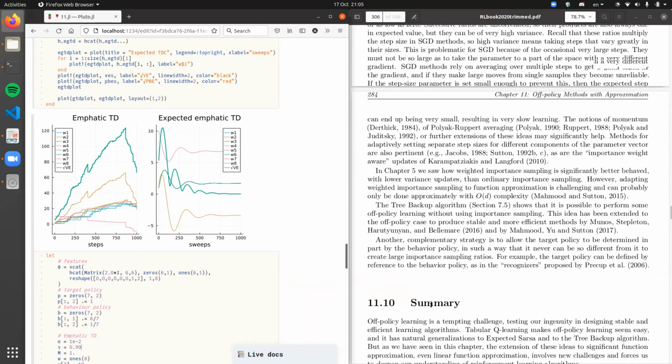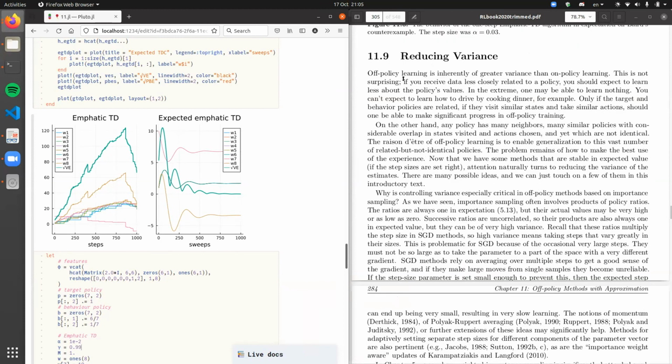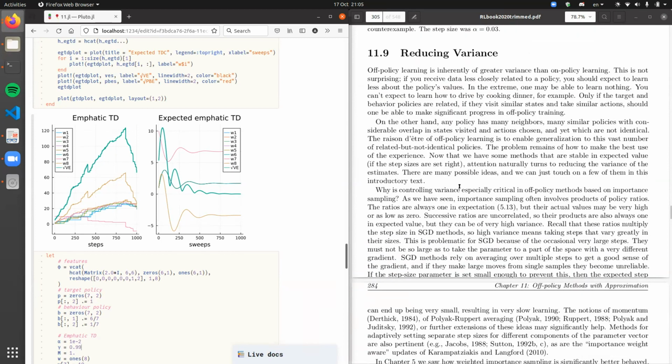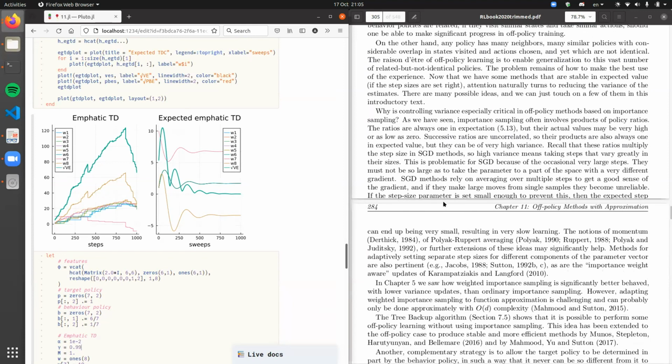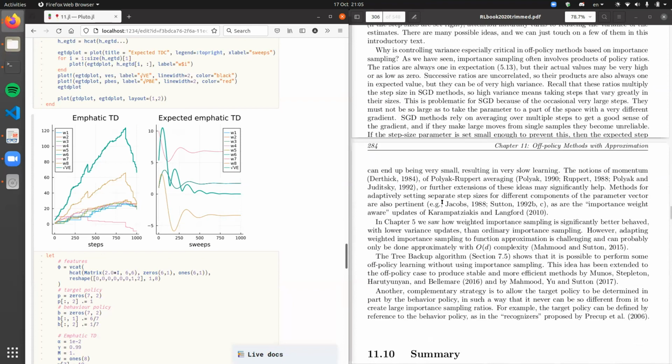And there is this final short section of the book on reducing variance. As you might remember, we were using, for example, weighted importance sampling in the tabular case, and that helped a lot. But in this case, I believe there is no such nice way of reducing variance.